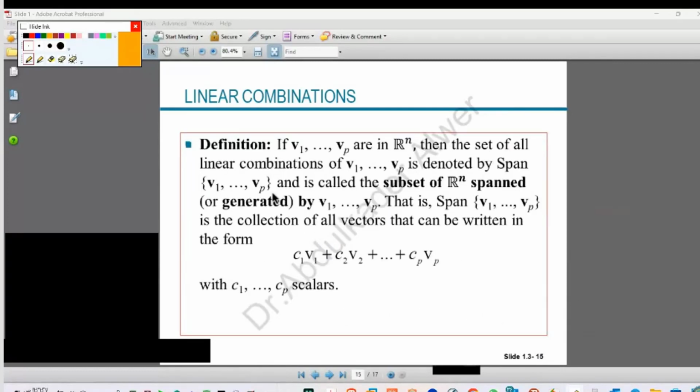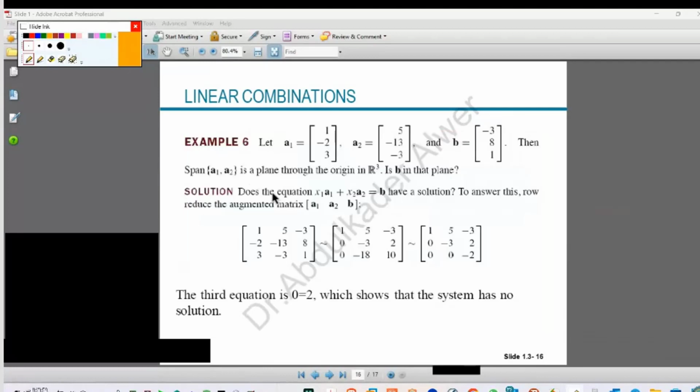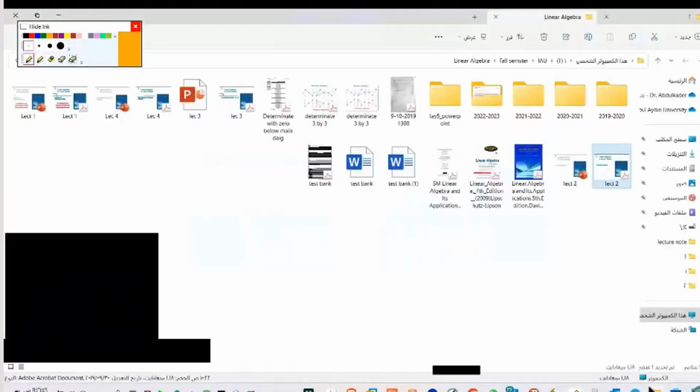Now, let's try to solve this example. Example 6 is cancelled. This is cancelled. I will open the book and start to solve some examples from your book.